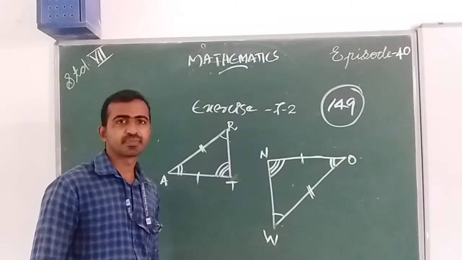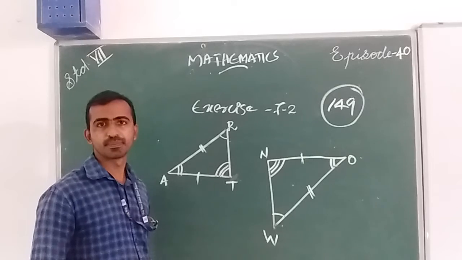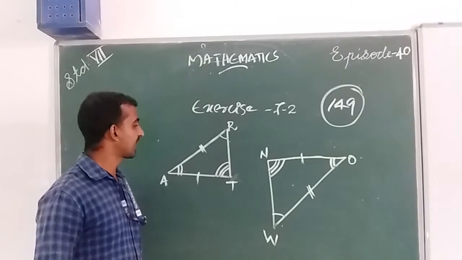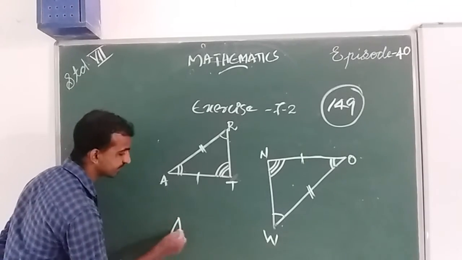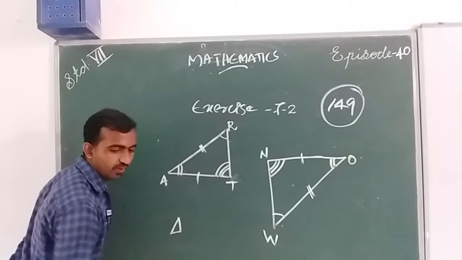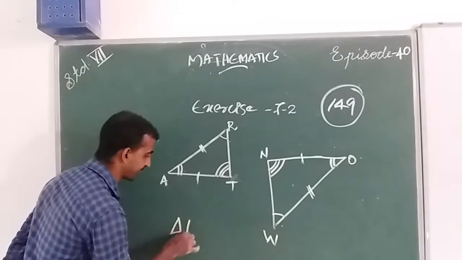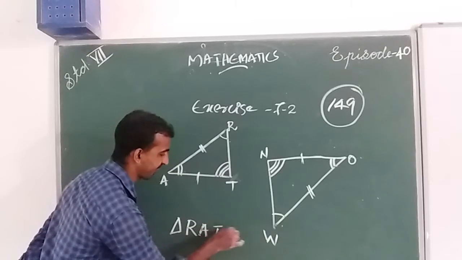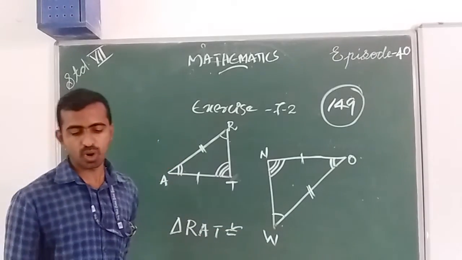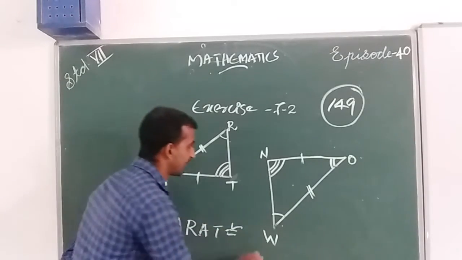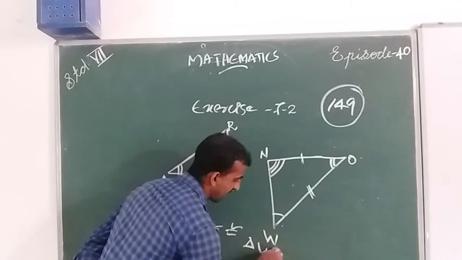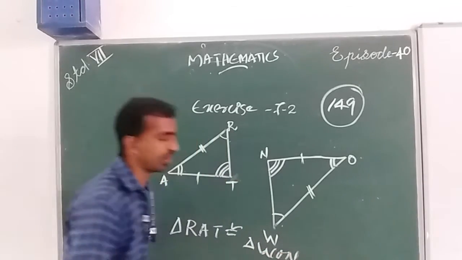Which triangle is congruent? We can write triangle RAT congruent to triangle WON.